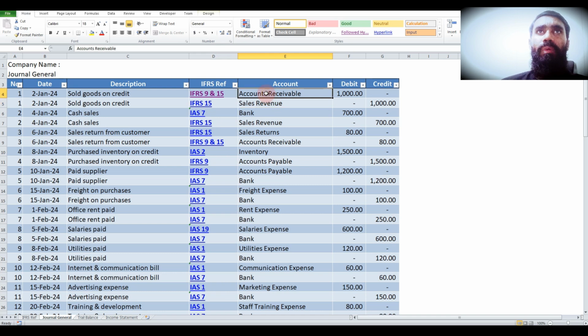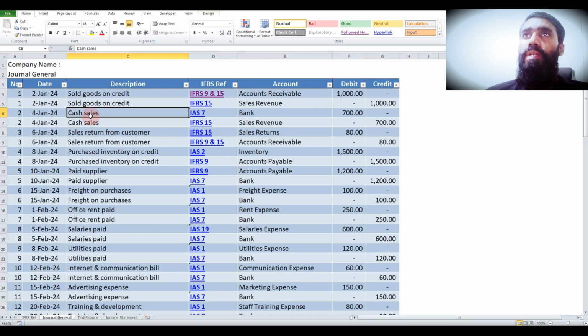Why I have debit this one? If you want to check this why, you can check my previous video, what's the function of debit and credit, which one goes debit and which one goes credit. It will clear you best. Link in the description below.